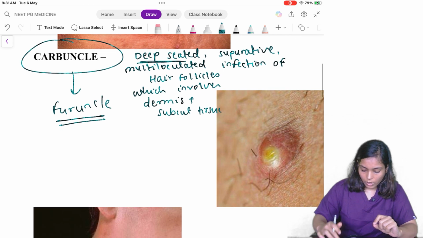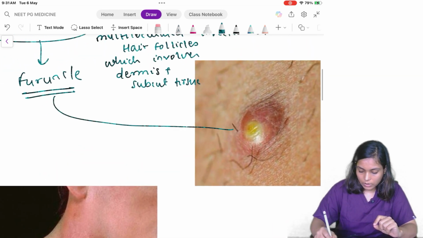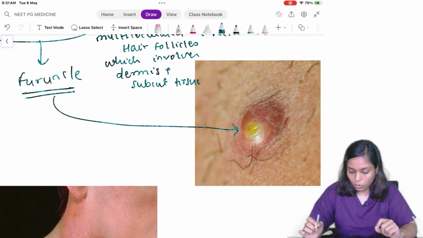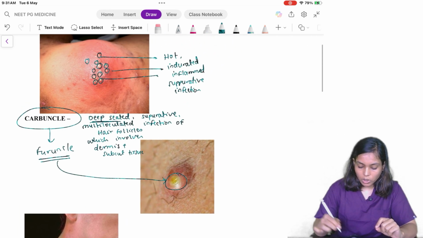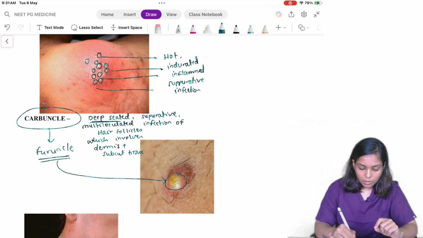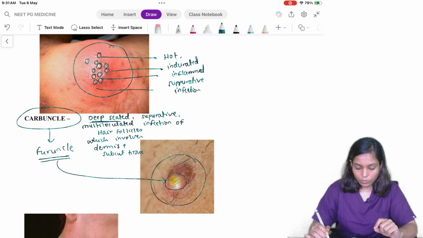Okay, and let's look back to the furuncle. This is your furuncle. Okay, so we can differentiate it from the image. Carbuncle is involvement of multiple hair follicles and furuncle is the involvement of a single hair follicle.